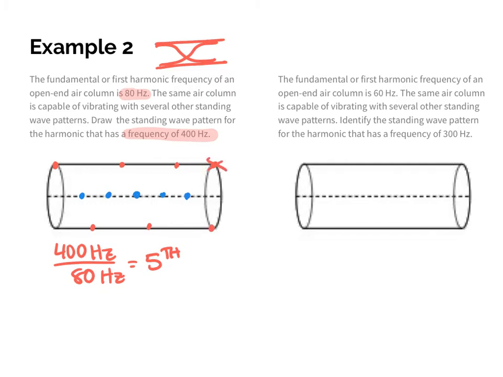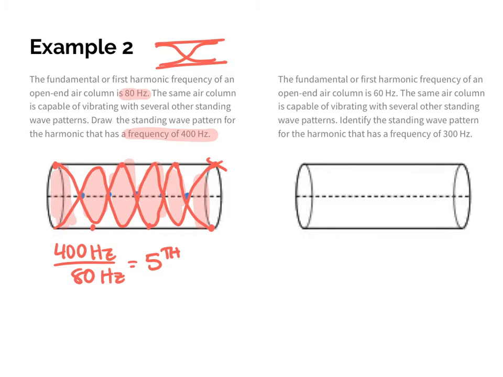Okay, so if I were to draw this out for you guys, I would start from my antinode, which is the open end, go through, and then I'm going to fluctuate up and down, again, through there. And again, I could start from the bottom, but you would see it looking like that. So in terms of the loops, I would have 1, 2, 3, 4 loops, and then 2 half loops at either end for my 5th harmonic.